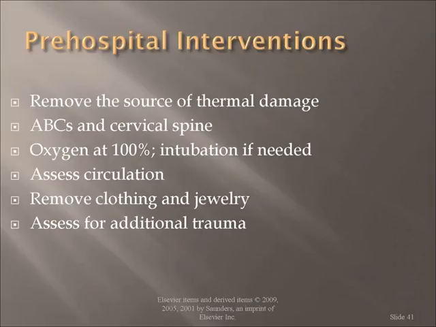So during the EMS pre-hospital interventions, the biggest things that we're looking for them to do are to remove the source of the thermal damage, look at the ABCs, do the cervical spine precautions, deliver oxygen at 100%, intubate the patient if required, assess the circulation, remove any clothing and jewelry that can be removed without harming the patient, and then assess for any additional trauma.